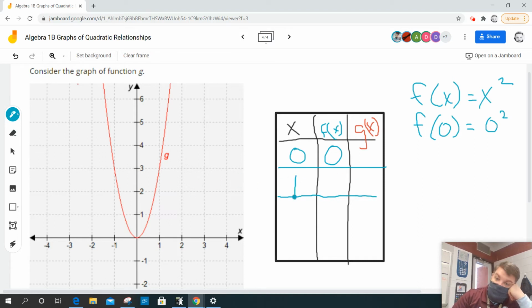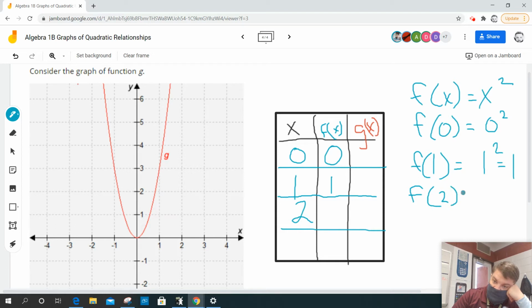When x equals 1, f of 1 is equal to 1 squared, which is equal to 1. So when I do 2, f of 2 is equal to 2 squared, which is equal to 4. And then when x equals 3, what's 3 squared? 9. So now let's look at g of x.